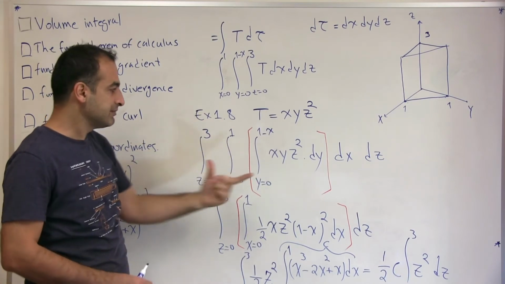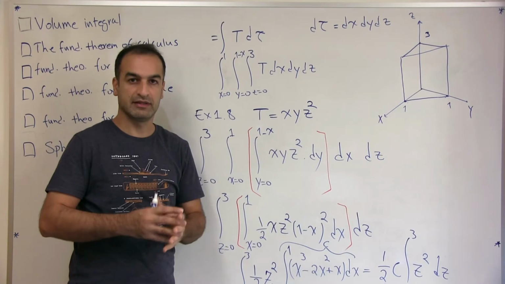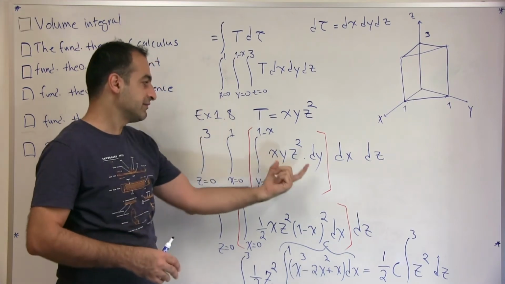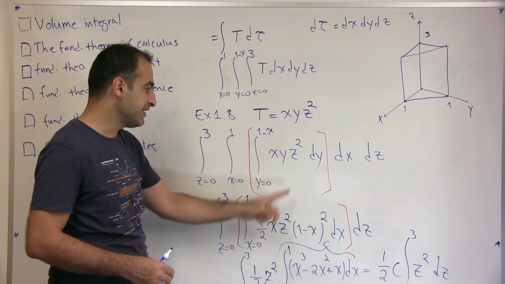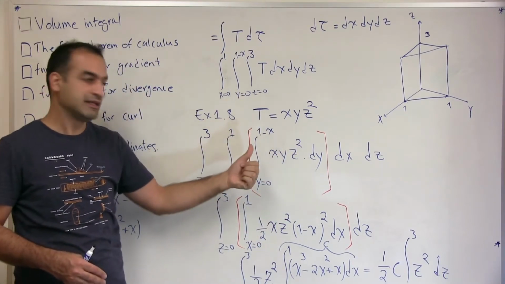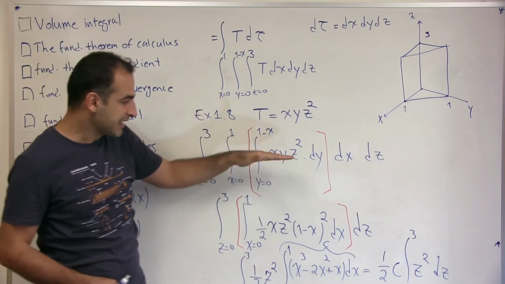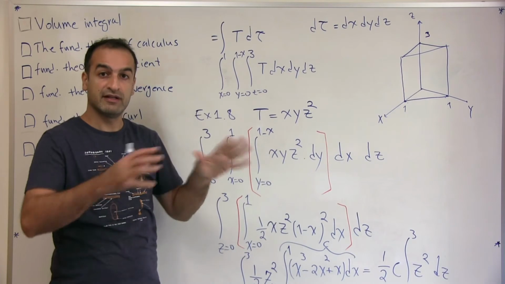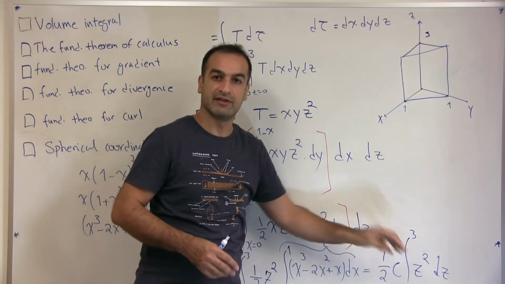Once you separate them, each integral is going to be a one-dimensional, relatively simple integral that you can just carry out. Each of them is going to give you some constant times another variable that will be used in the next integral. Okay, so this way you will be carrying out 3 one-dimensional integrals separately, and at the end you're going to come up with the answer.